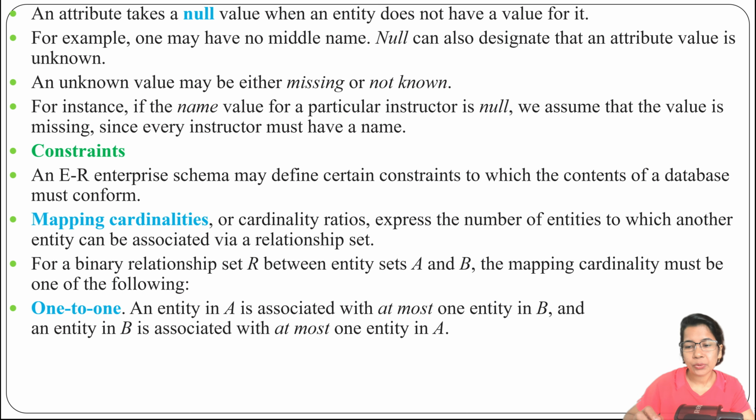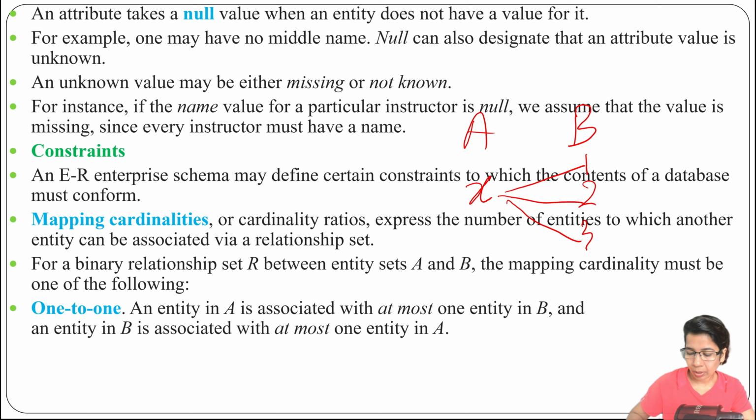Next is one to many mapping. We have two entity sets A and B. If one entity of A can be associated with many entities of B, and one entity of B can be associated with at most one entity of A, then that is one to many. Suppose here is X, and here 1, 2, 3, and X can be associated with 1, 2, 3.